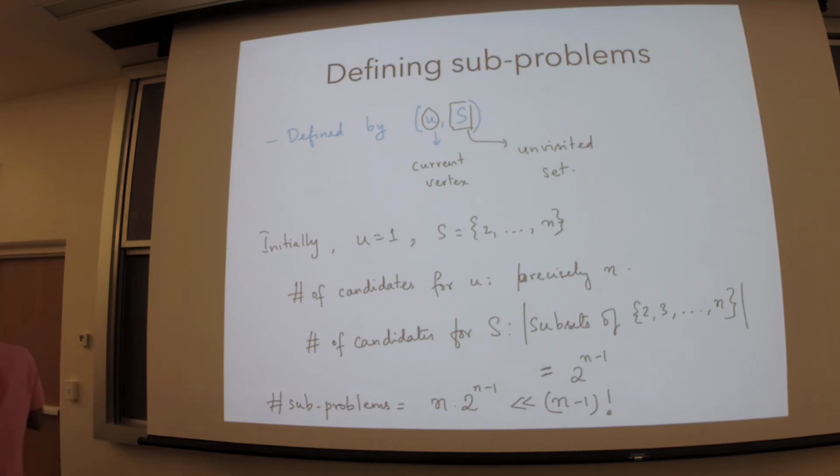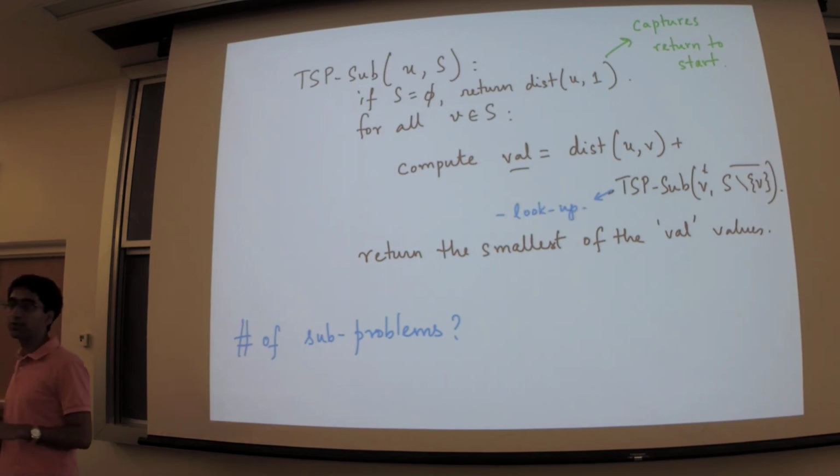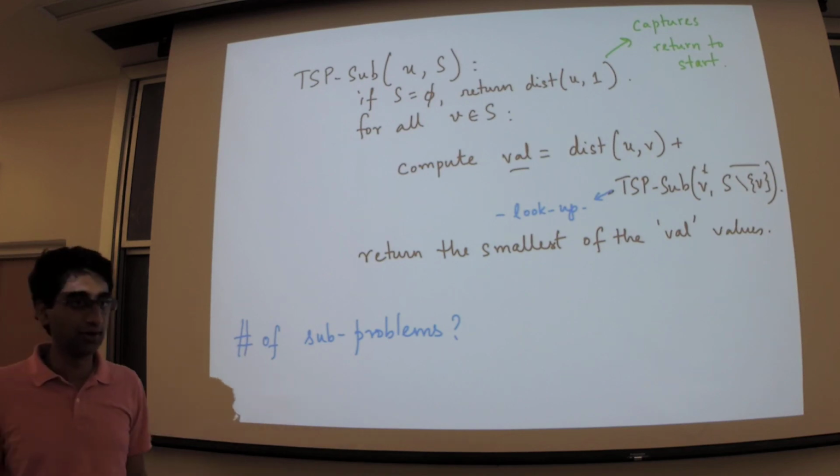So here again, the final algorithm is, instead of making the recursive call, we do the usual trick: you first look up, and if you don't find it, then you make the recursive call.